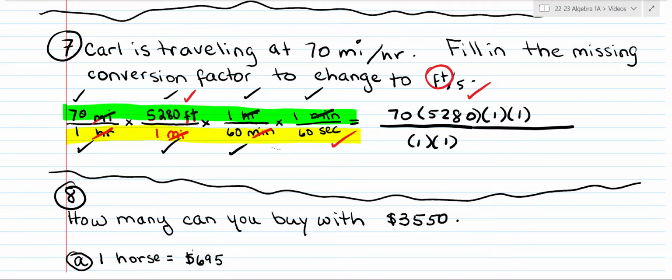And this is 60 times 60. So you got 2 of them. So this is the part where you have to do the math in your calculator to make sure that you're getting the same number.